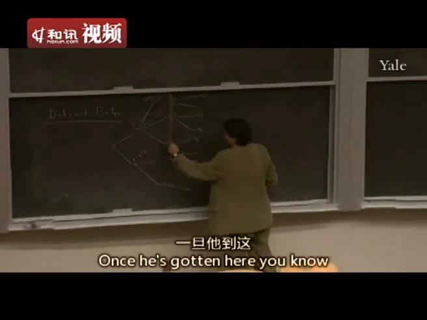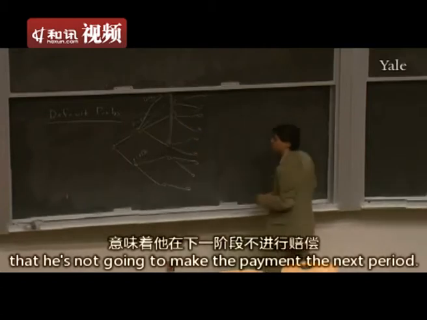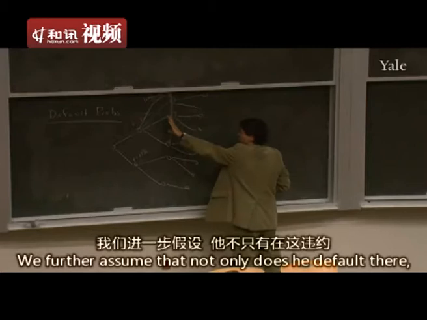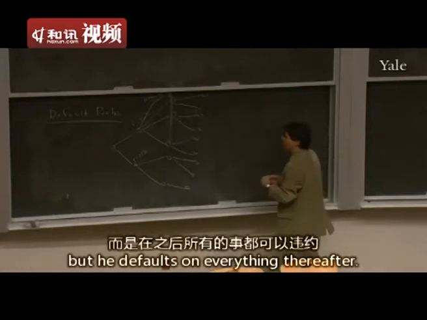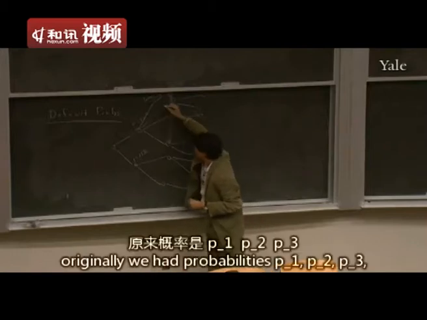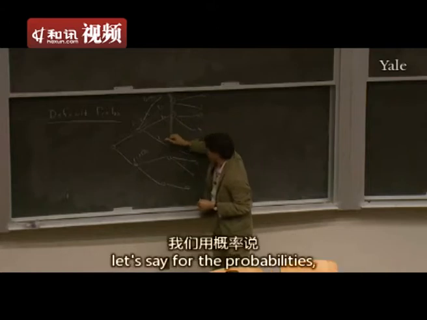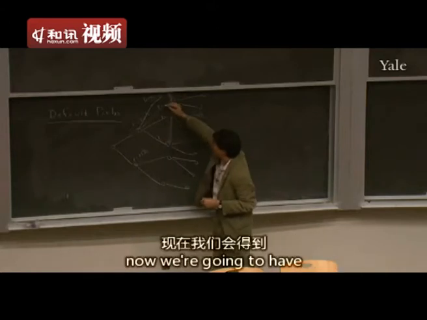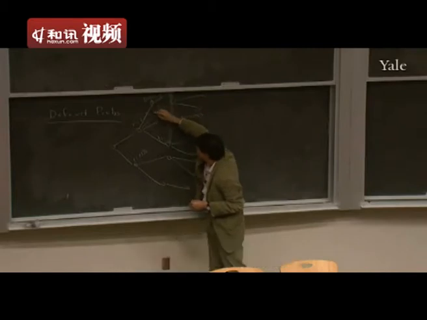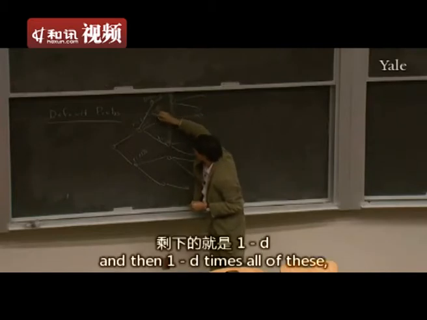Something's just bad. Once he's gotten here, you know that he's not going to make the payment the next period. And let's suppose we further assume that not only does he default there, but he defaults on everything thereafter. So the payoff is just going to be 0 here. Originally we had probabilities P1, P2, P3. Now we're going to have probability D for default, and then 1 minus D times all of these.